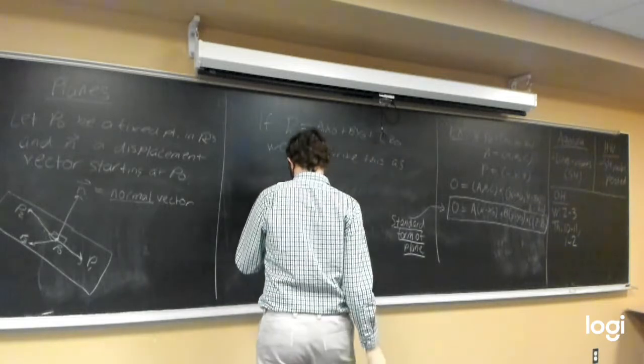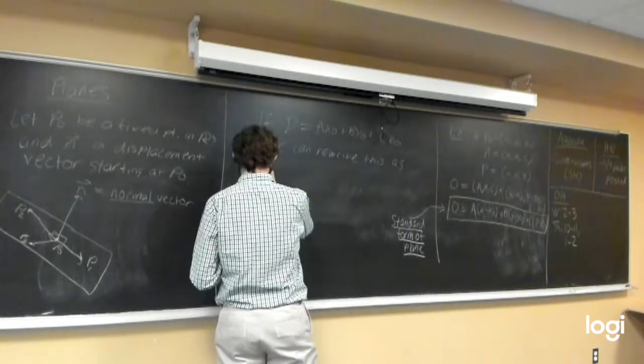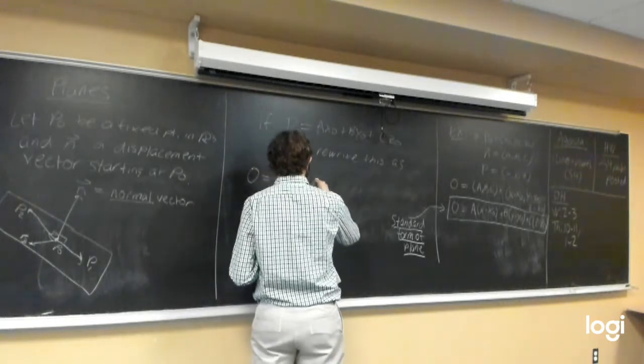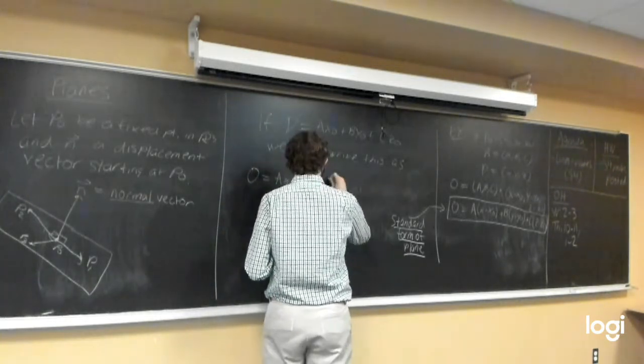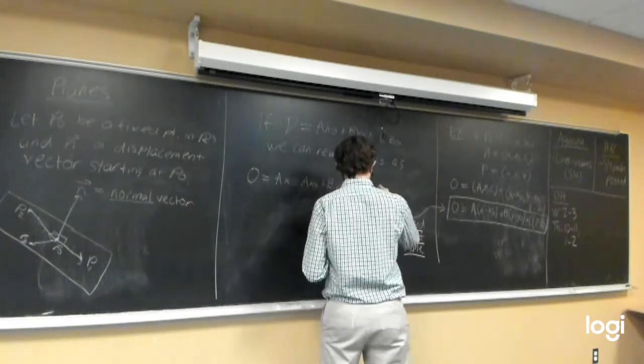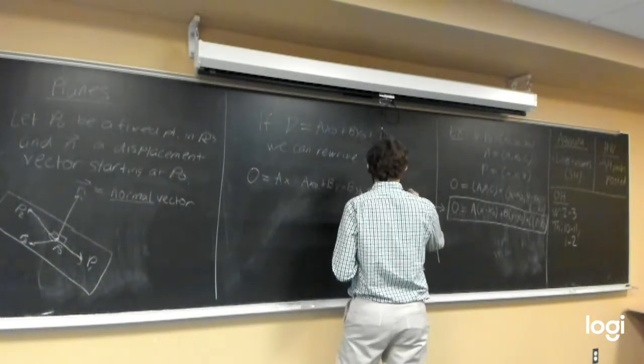in the following way. You could write it as 0 is equal to ax minus ax naught plus by minus by naught plus cz minus c times z naught.